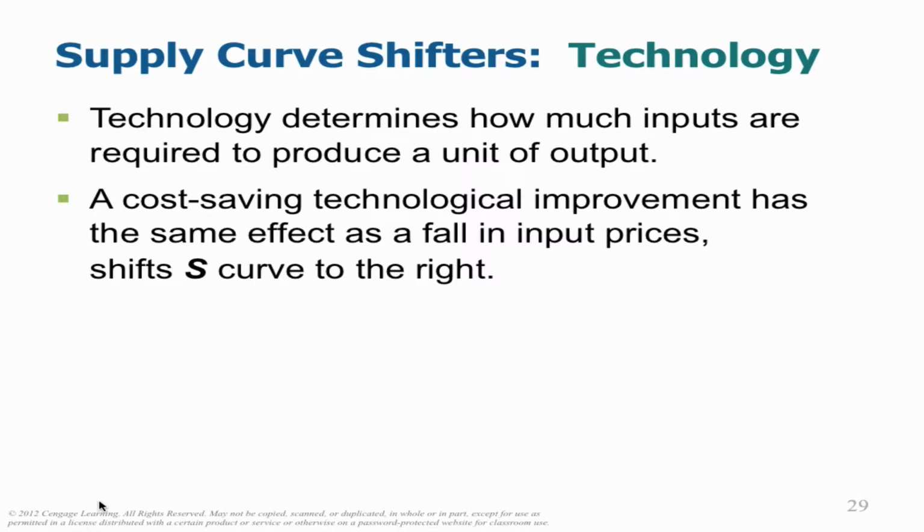Okay? So cost-saving improvements can help you to increase supply. But this one cuts both ways. What happens to supply if there is a global brownout and we lose the use of all of our technology because we have no power?